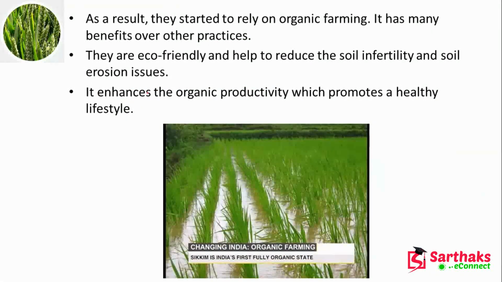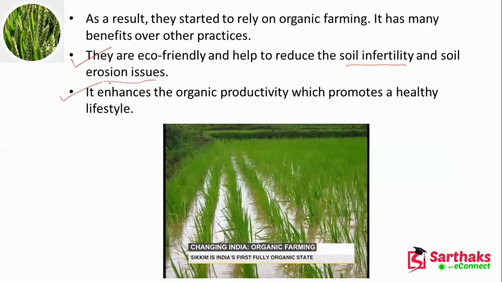Now, whenever we do organic farming, it has several benefits. They are eco-friendly, and help to reduce soil infertility and soil erosion issues. And it enhances the organic productivity, which promotes a healthy lifestyle. So organic farming is very, very important.